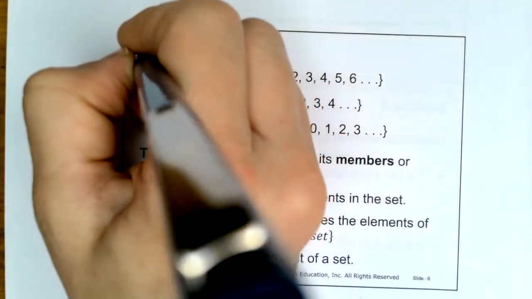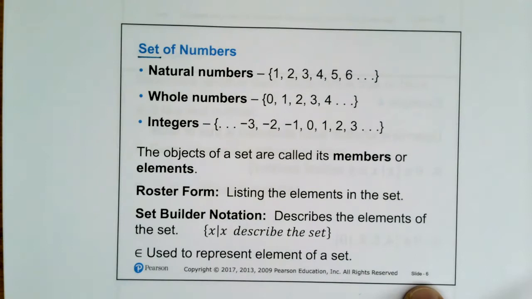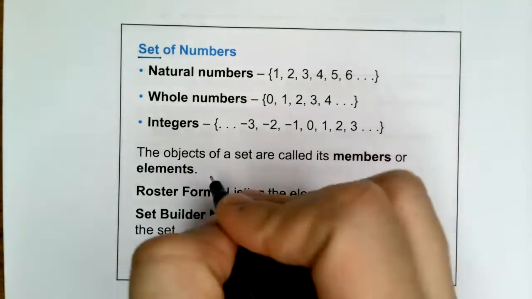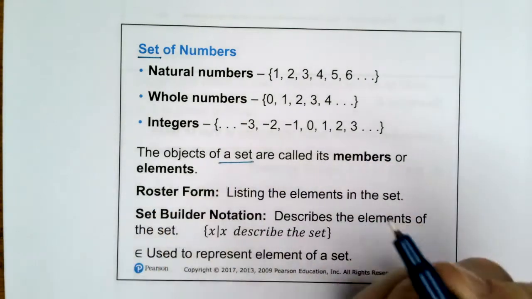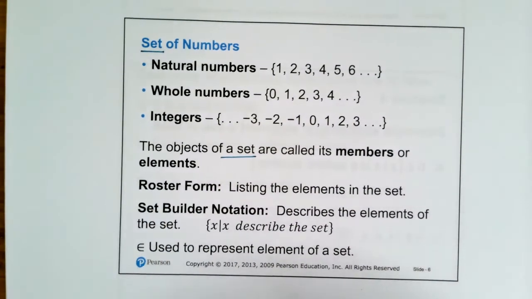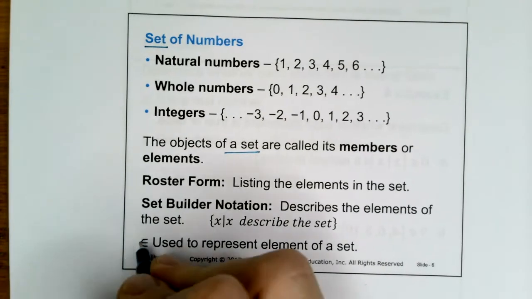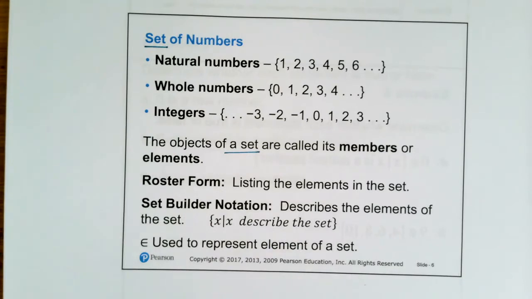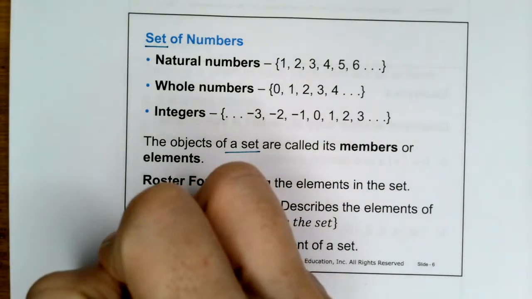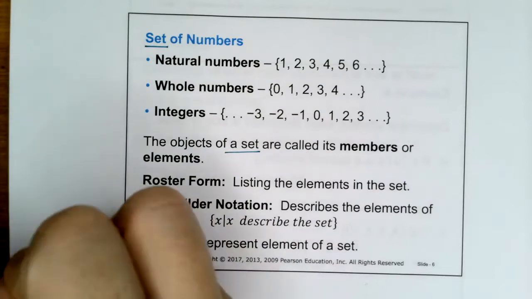But what this note, slide 6, is talking about is objects of a set. Okay. The objects of a set are called its members or its elements. Okay. So this means element.